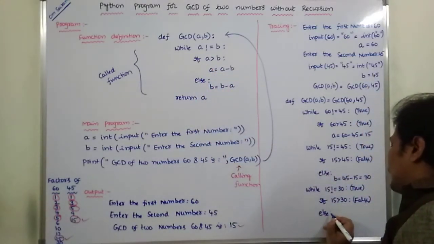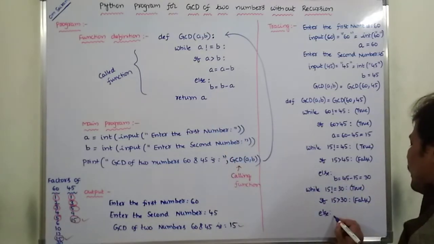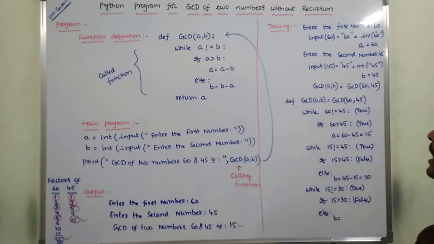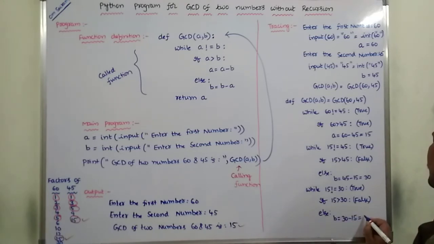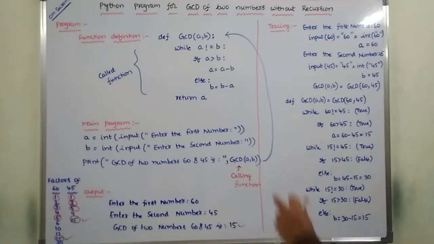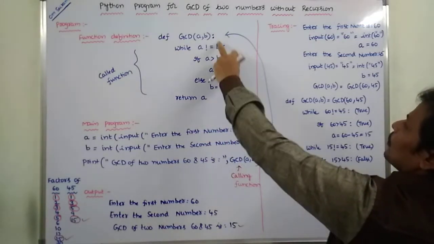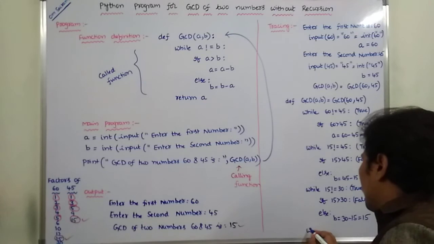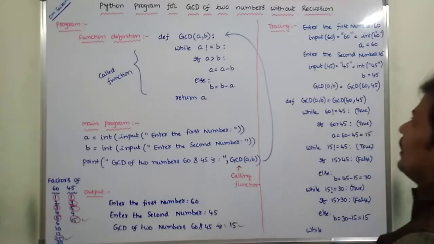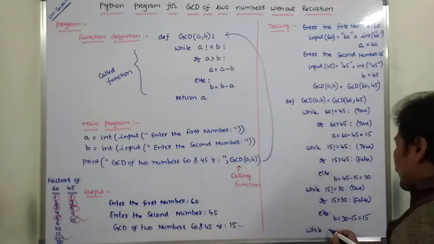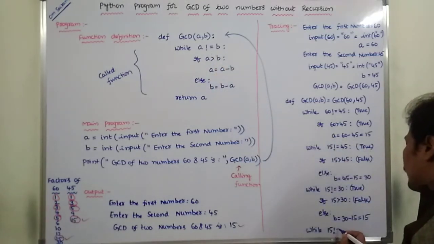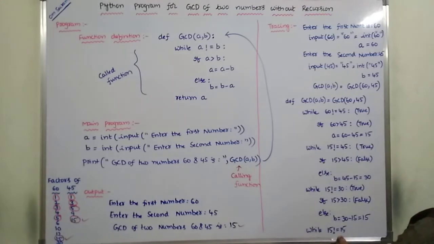So b is equal to b minus a: b value 30, a value 15, 30 minus 15, that is 15. Okay, again the control goes to the while loop. After completing this step, a value is 15 and b value is 15. So while a not equal to b, that is 15 not equal to 15, this is false.